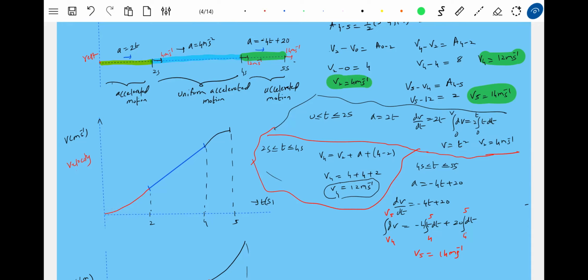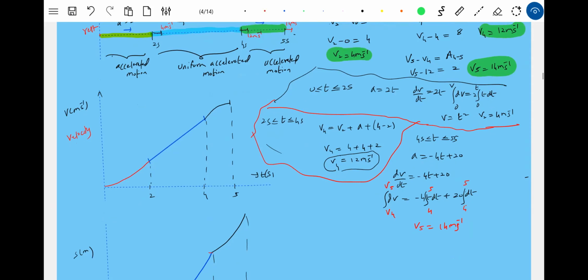I need not explain much. Then sir, how do you plot this curve? So you have this. Instead of substituting the upper limit, just leave it as t. V4 is 12, V t. Solving this, we'll get the expression V equal to 12 minus 2t square plus 20t.